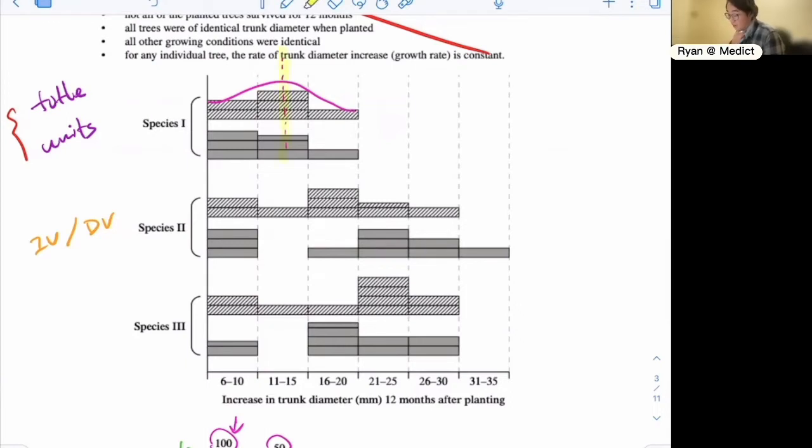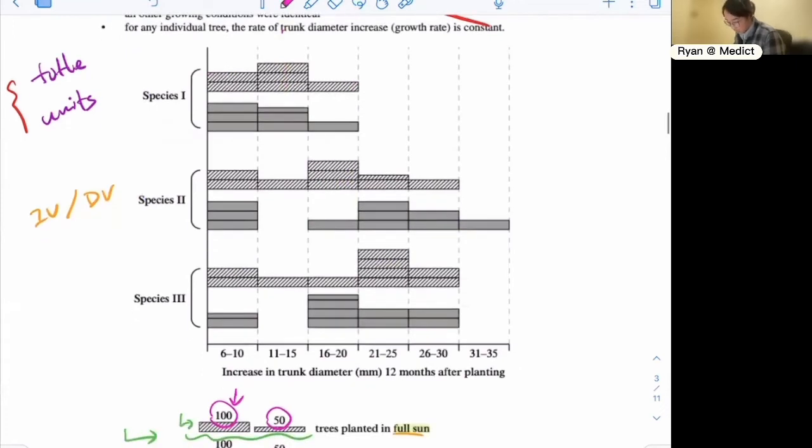And compared to something like species 2 in full sun, we can probably see the average is over here. So we can see the averages visually represented: species 2 in full sun is going to have a greater average than species 1 in full sun, right? So by applying this same principle, which one do you think has the highest average?